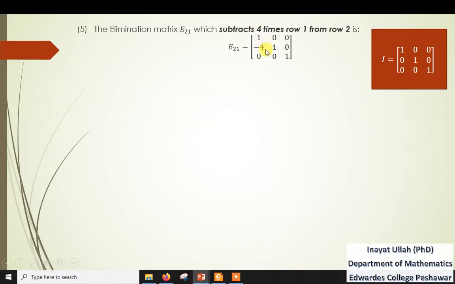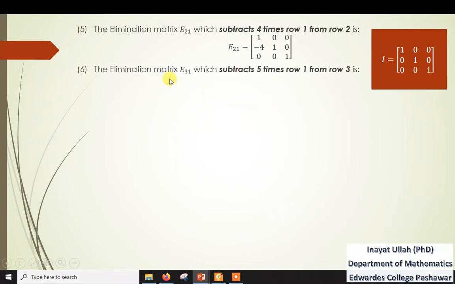So minus 4 appears in that place where there is 1 in row 1, and the rest of the entries in row 2 remain the same. So that is E21.